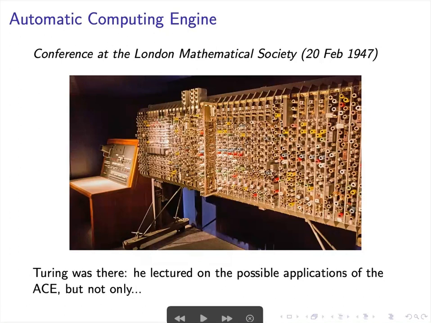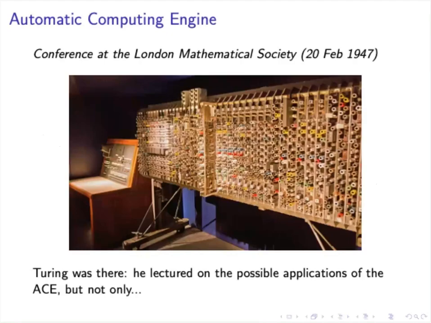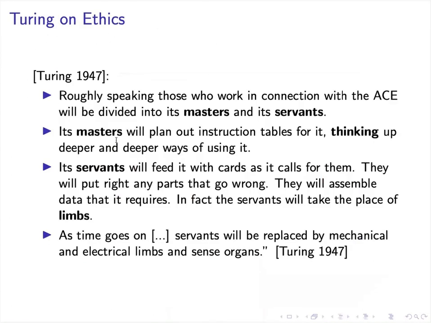And he was talking about the possible applications of these machines. But at some point, he started talking also about ethics. And I find this very interesting, because he was saying, well, this machine, which was very big, this is a replica of that machine, was very big, and it needed what he called masters and servants.